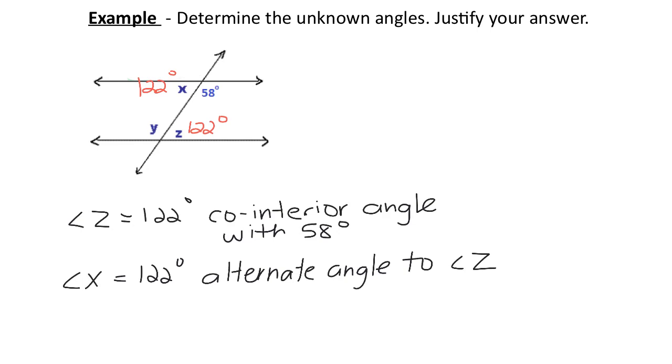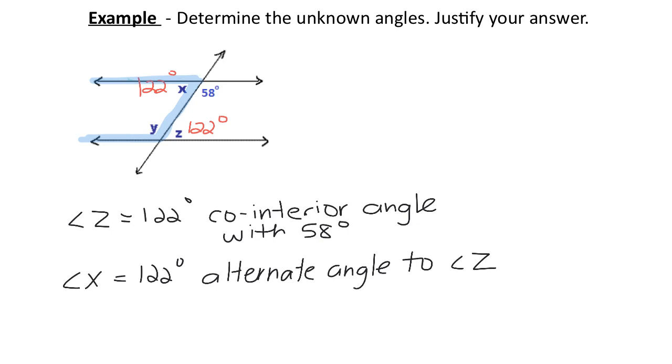What I can see in this picture is that there is a backwards C pattern right here. So that tells me that angle X and angle Y are co-interior angles. So angle X plus angle Y should add up to 180 degrees.